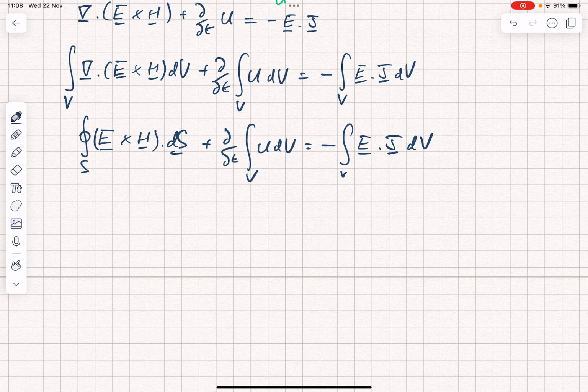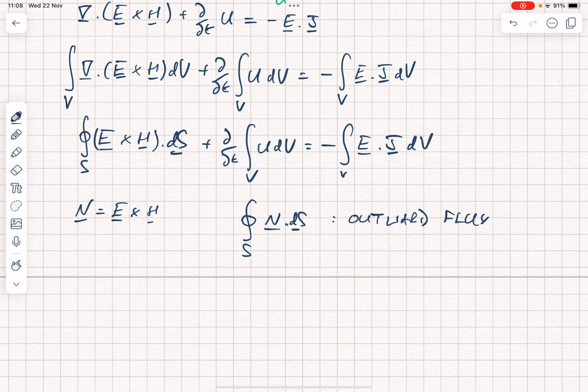The quantity, as I said in the other video, E cross H is often referred to as Poynting's vector. N is equal to E cross H. We define the closed surface integral of N dot dS as the outward flux of energy through the surface.